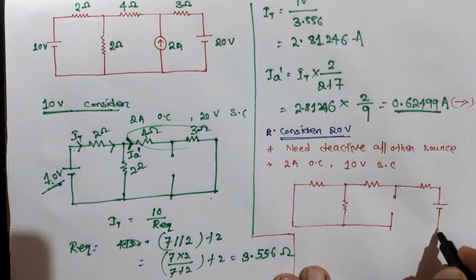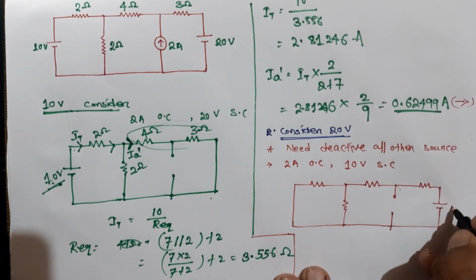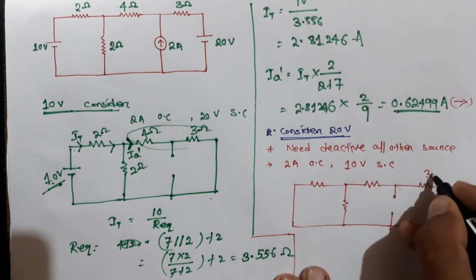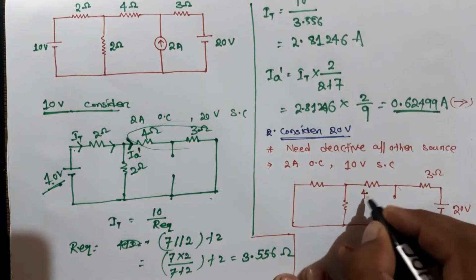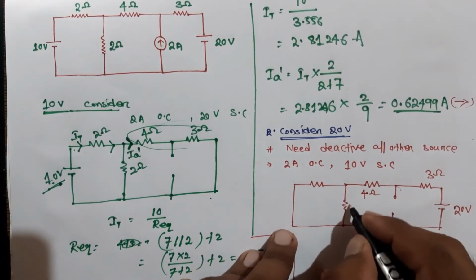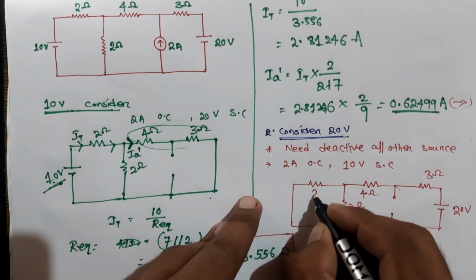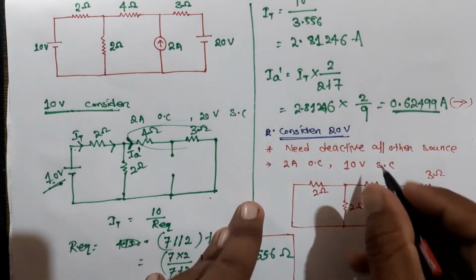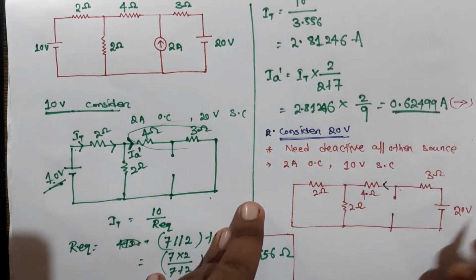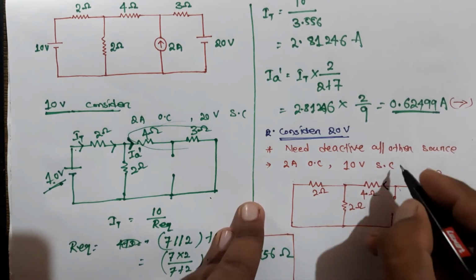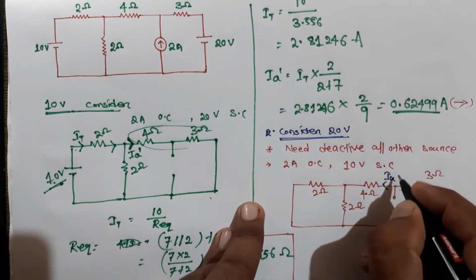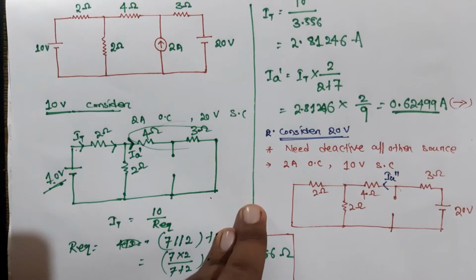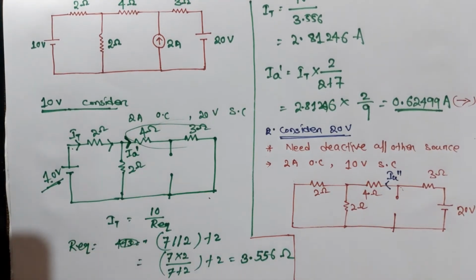Here this is the 20 volt, this is 3 ohm, this is 4 ohm, and this is 2 ohm and this is 2 ohm. We need to find the current in the 4 ohm due to 20 volt, so we name it I double dash. Here I single dash, here I double dash.